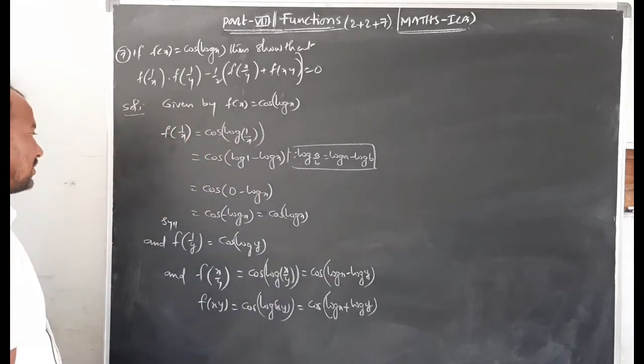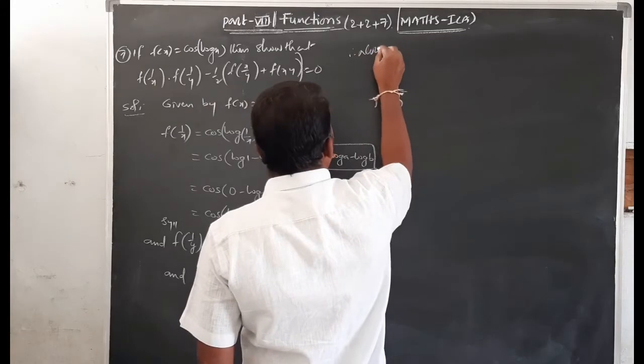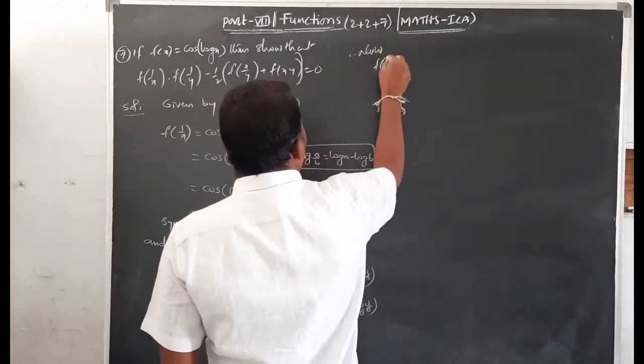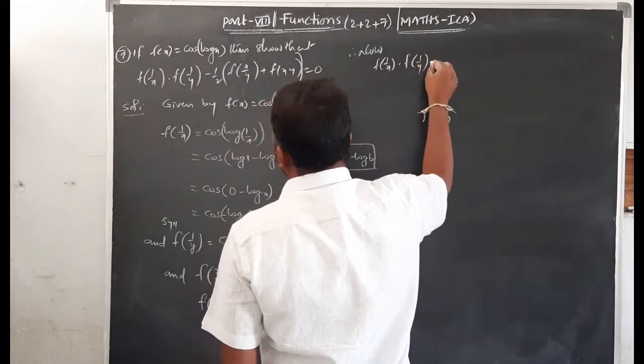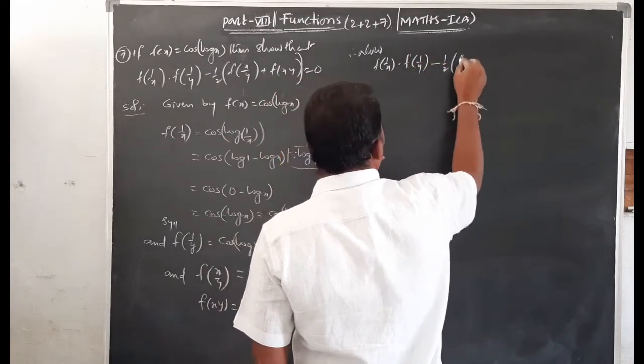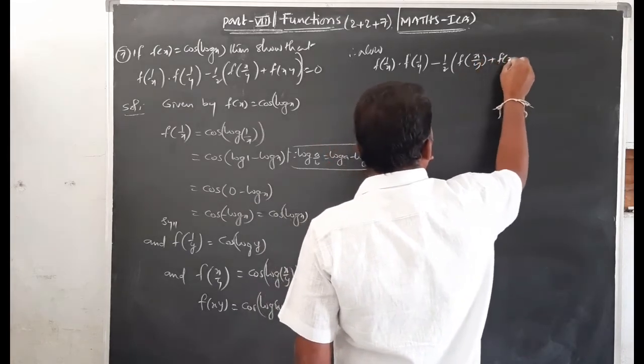Now find the value of f of 1 by x into f of 1 by y minus 1 by 2 of f of x by y plus f of xy.